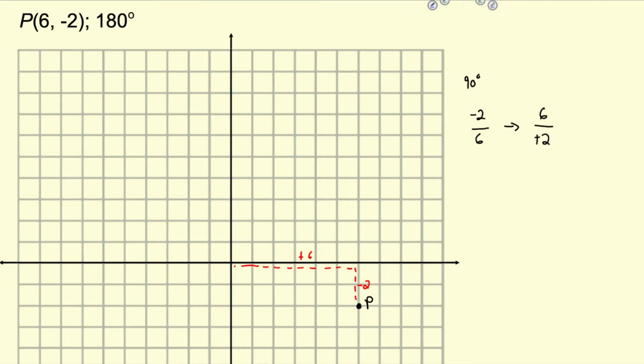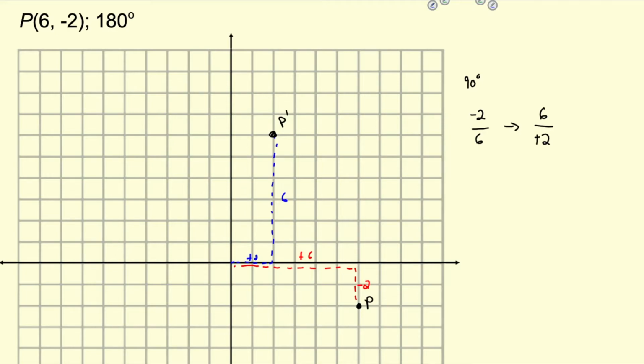So we end up having (2, 6), putting this new point here at a delta x of 2 and a delta y of 6. So here's my 90-degree rotation for P prime.